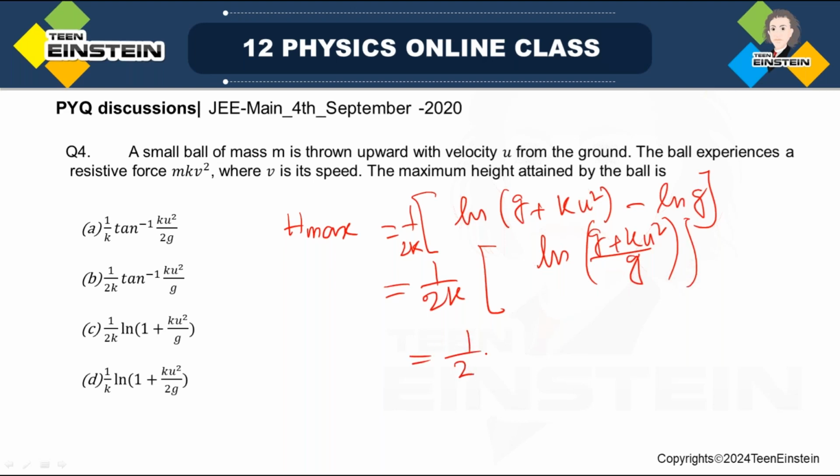Then what I get is 1 by 2k ln of 1 plus k u square by g. So this is the answer, and option C will be the correct answer for this question.